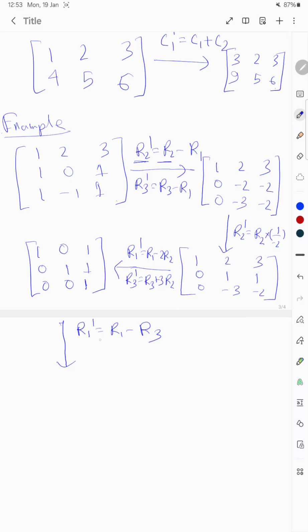So what operation do you need? r1 minus r3. And then r2 dash will be r2 minus r3. If you do this operation, you see 1 0 0, 0 1 0, 0 0 1. So using some row operations, you got the identity matrix.